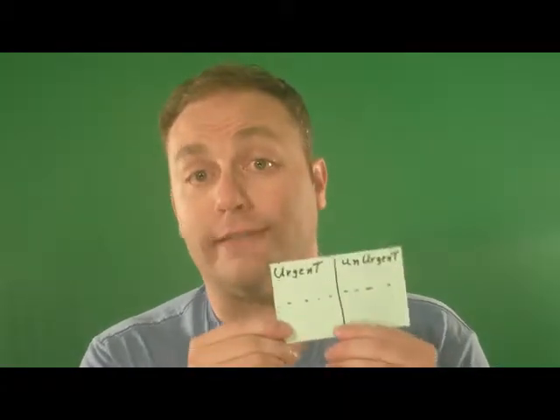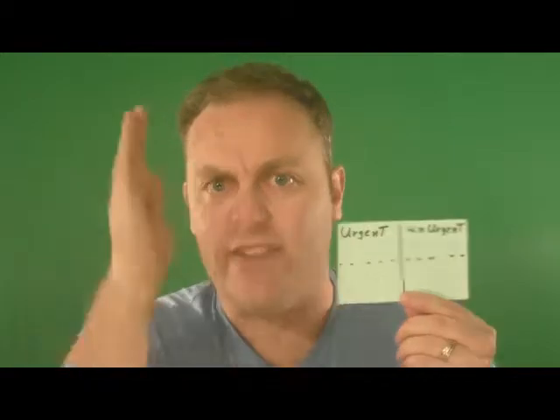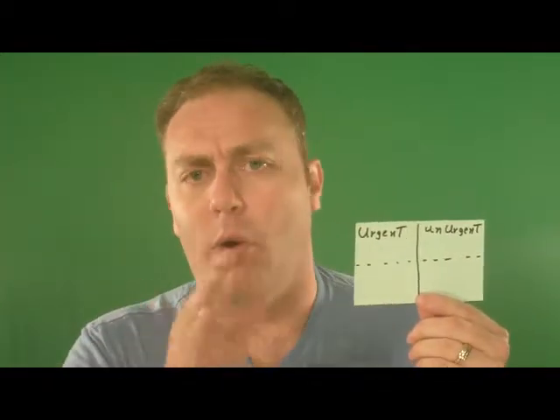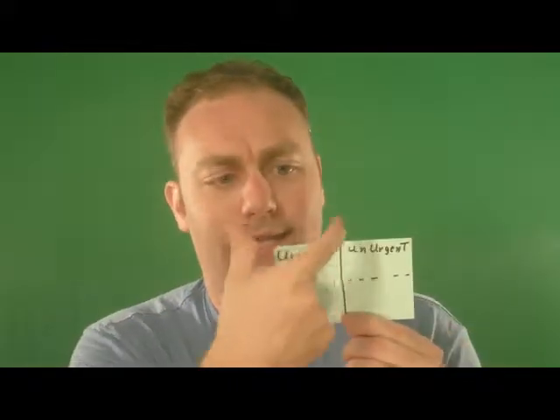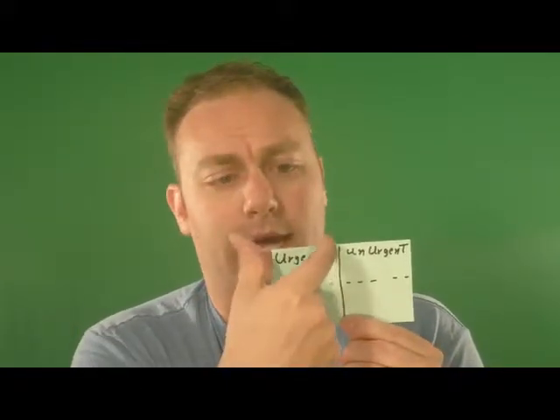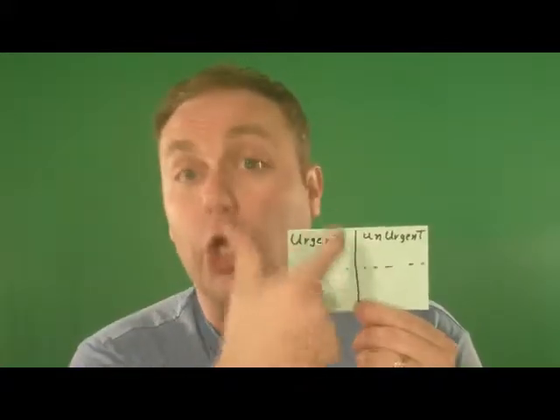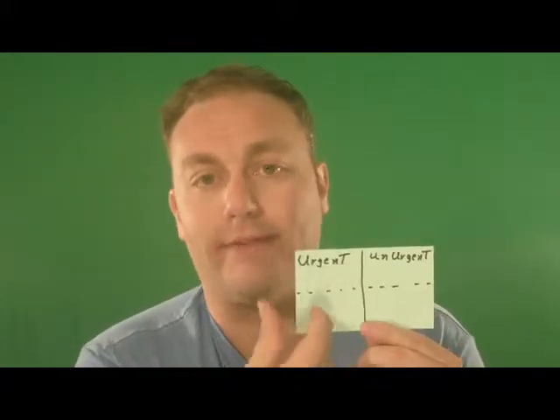Then we've got urgency. So urgency is going to go in your left-hand column. If it's urgent, if it needs to be done today, or it needs to be acted on or the opportunity is lost, that's an urgent thing, and that needs to go on the left-hand side.